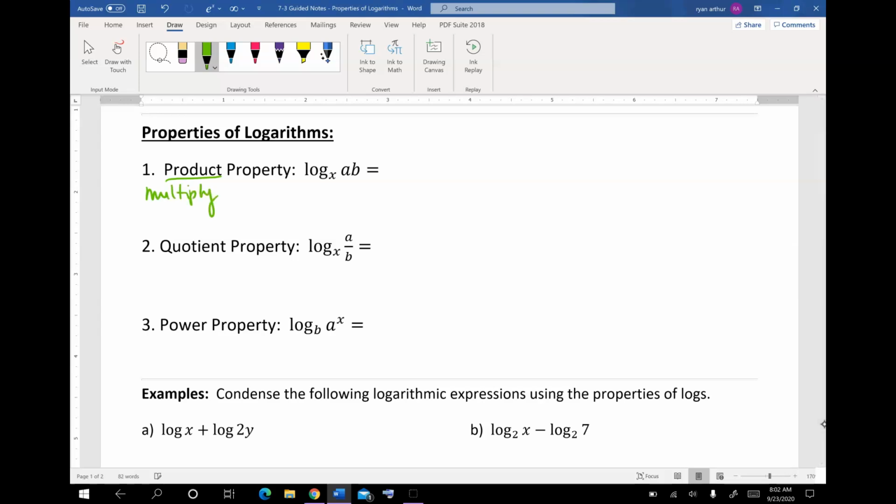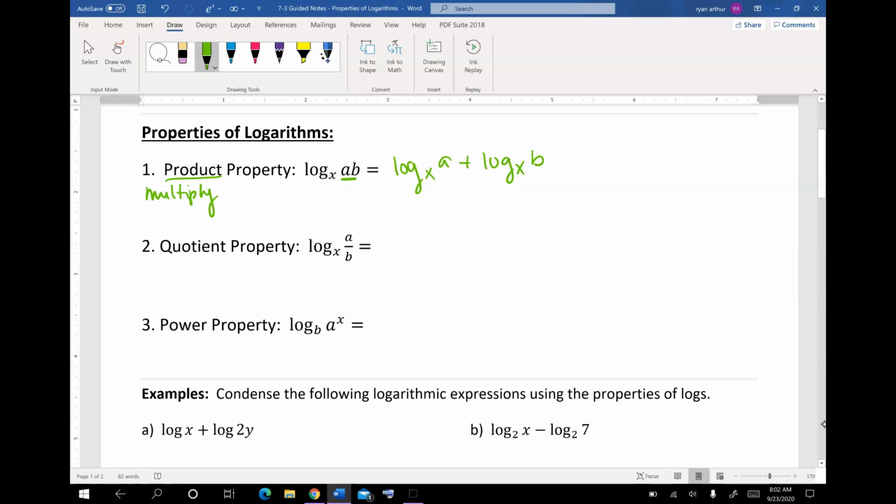So if you have a single log, single means one, where you're multiplying two things, I can rewrite it as two logs or more logs where I'm adding the logs. So I can rewrite this saying log, you keep the base the same, which is x, of a plus log base x of b, and that's it.